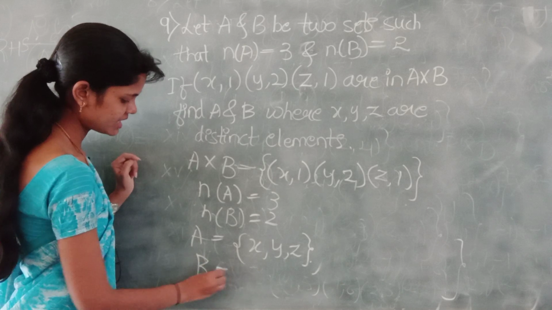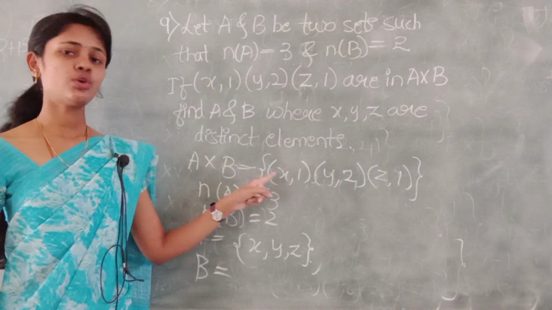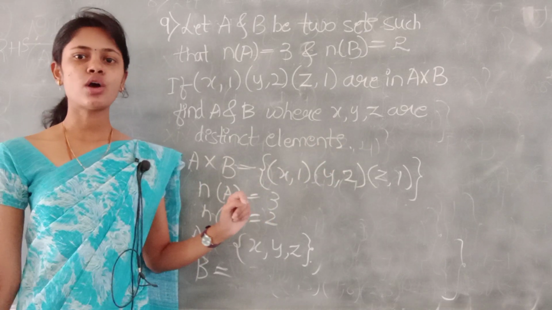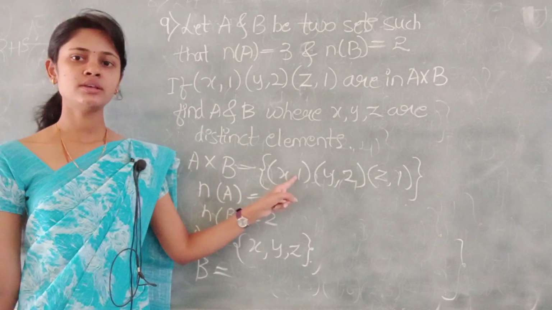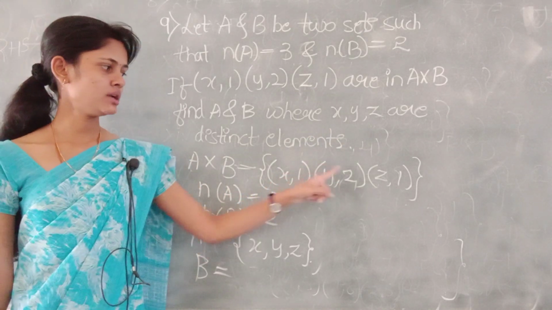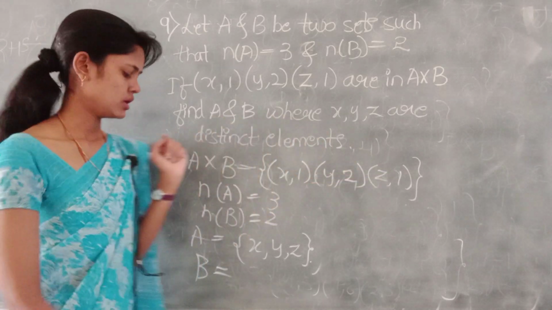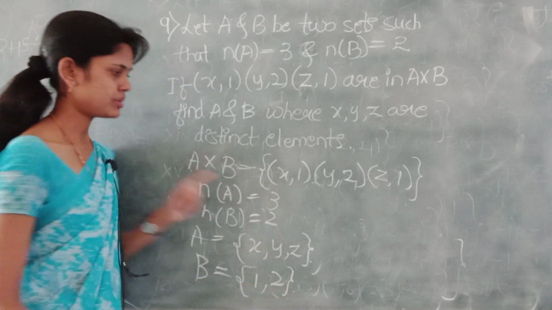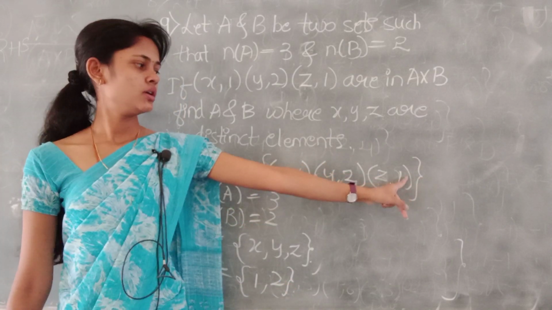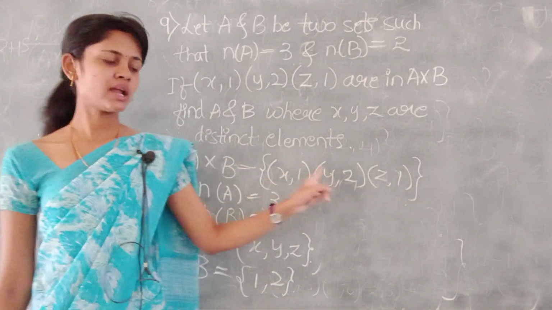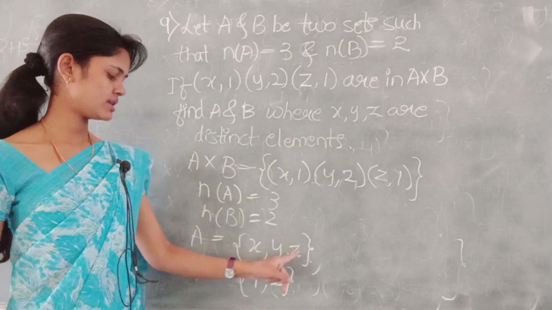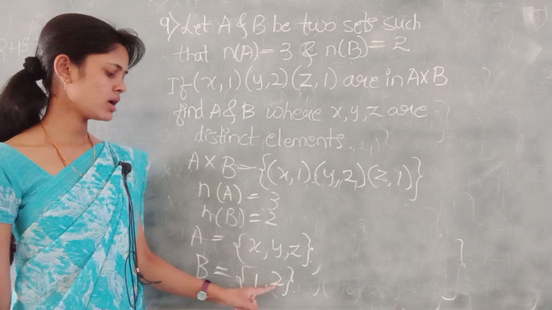And the second set is B, the set of all second elements in the ordered pairs. So what are the second elements? 1, 2 and 1. So we can write {1, 2}, because 1 is already there. No repeated element can be written in a set, right? Therefore A is equal to {x, y, z} and B is equal to {1, 2}.